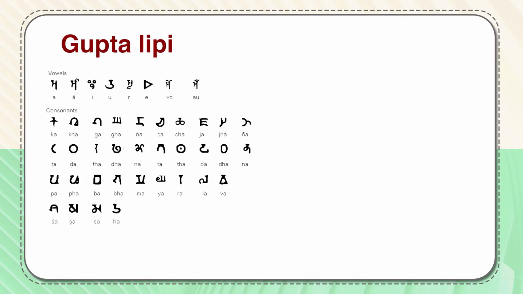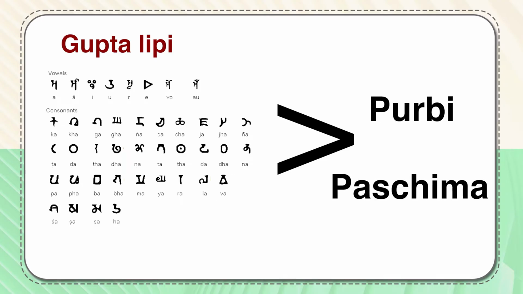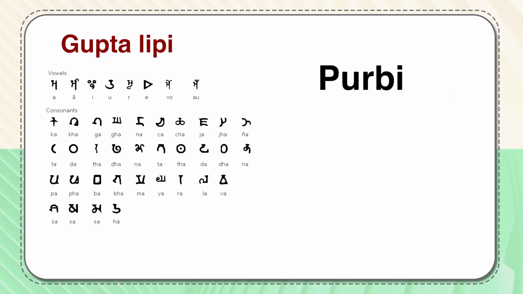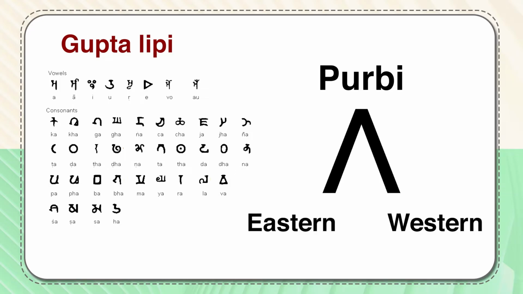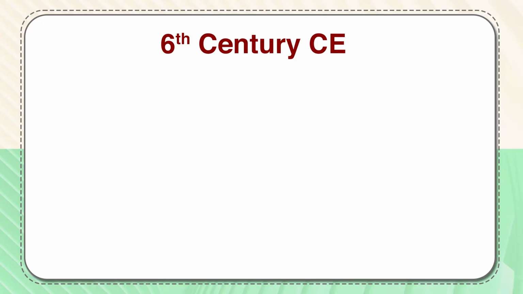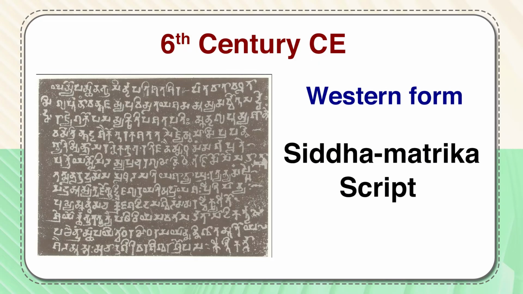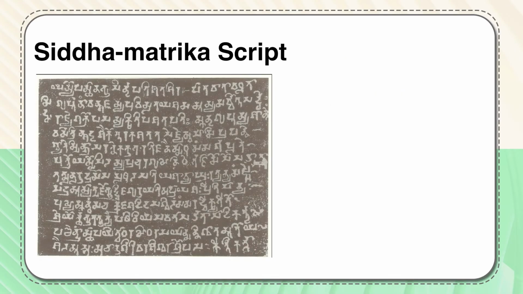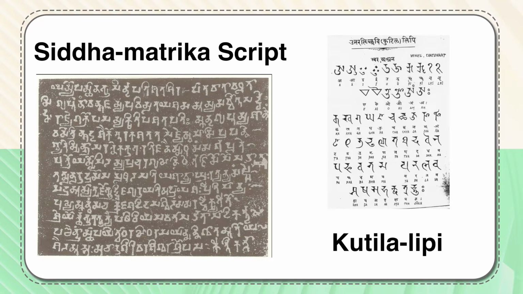Later on, the Gupta Lipi was divided into Purbi and Poshchima. The Purbi form later on again divided into eastern and western parts. In the 6th century CE, from the western form, the Siddho Matrika script developed. From Siddho Matrika script, the Kutila Lipi developed.